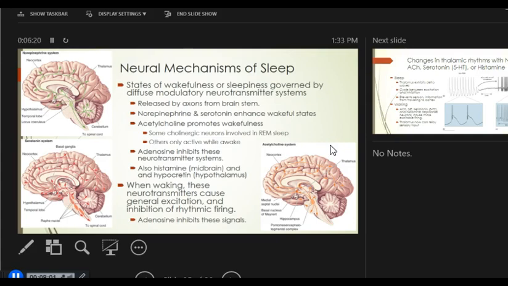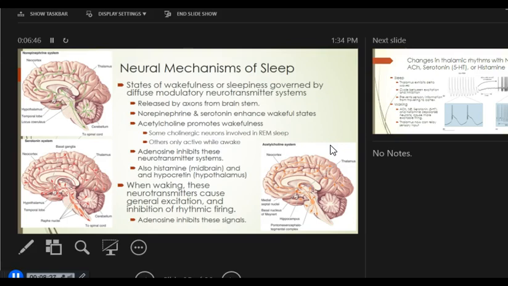Similarly, there's an acetylcholine system. Here's a center that's generating acetylcholine and sending that all over the brain. Again, the same kind of idea, where we have these large diffuse systems with axons distributing a neurotransmitter all over the place, resulting in generally excitatory signals that are active during wakefulness.